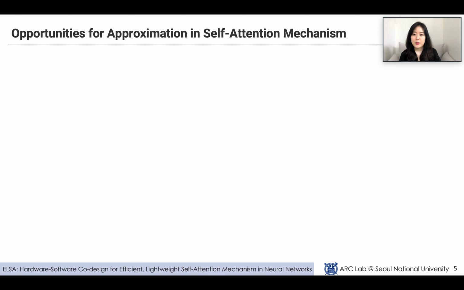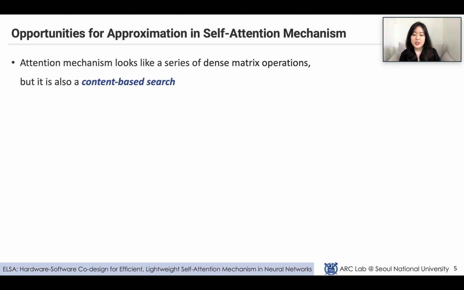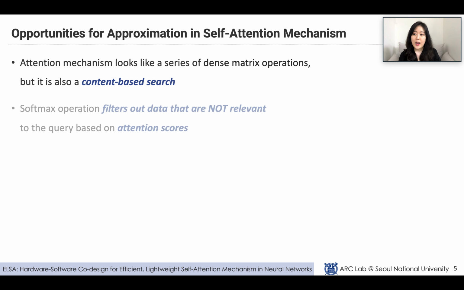As you can see from the previous slide, self-attention is a series of dense matrix operations, but it is also a content-based search. After computing attention scores with dot product operations, those scores are normalized with the softmax function. As a result of this normalization, most scores, excluding the few largest scores, are mapped to almost zero, and they barely impact the final output.